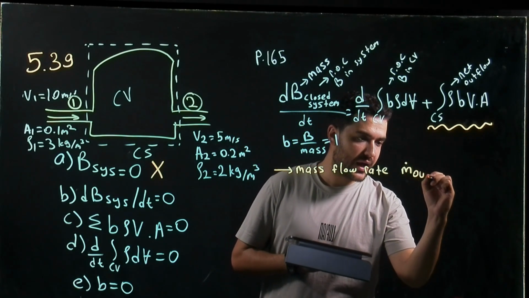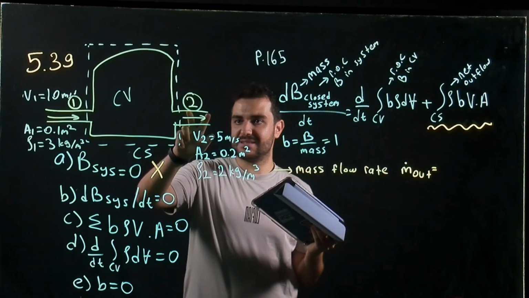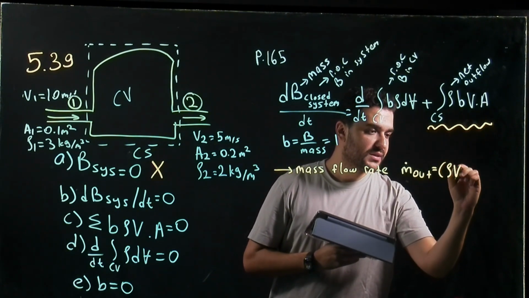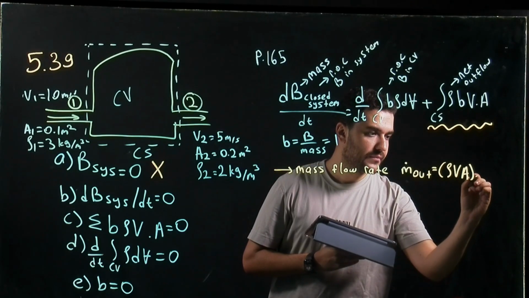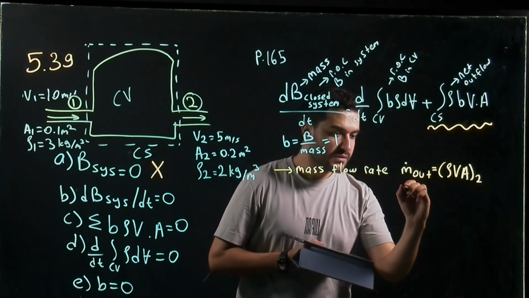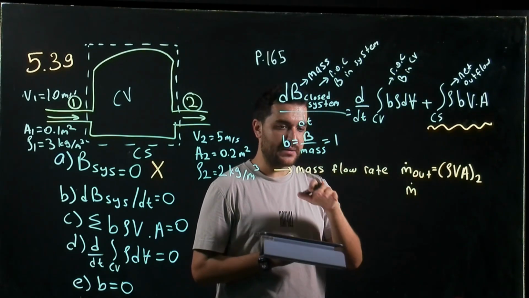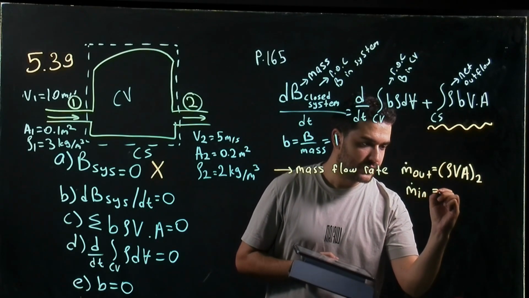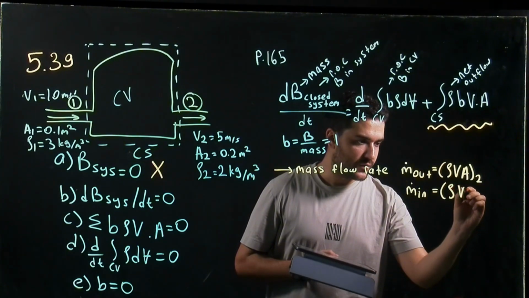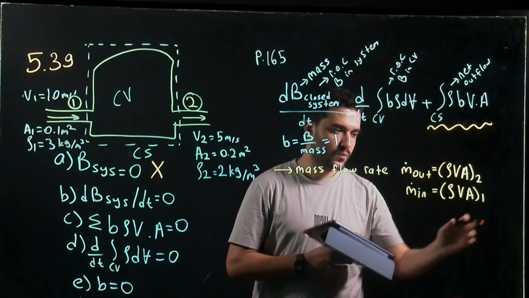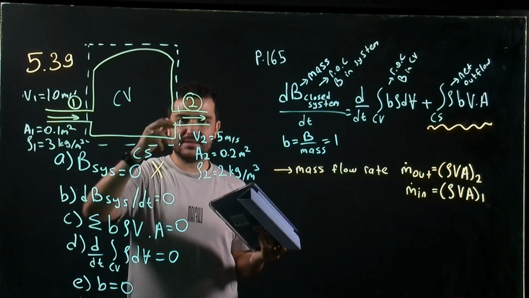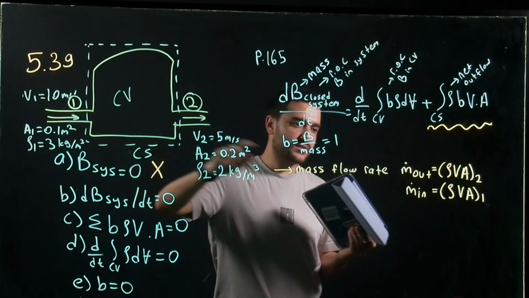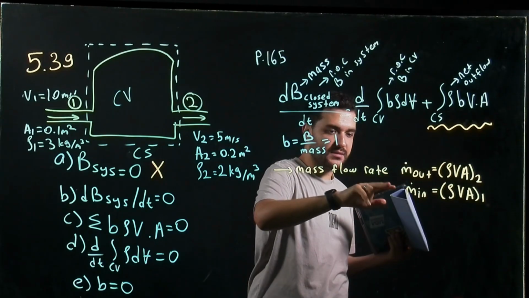So m out, which is at point 2, will be rho 2 times velocity times area 2. Inflow mass flow rate will also be rho VA, but with 1, because this is the inflow and this is the outflow, so we are using 2 and 1 to show these mass flow rates.